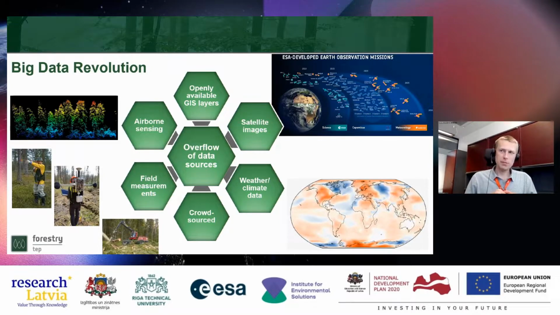We have an increasing amount of field measurements, which are not always measured in the traditional way by hand, but may also be coming from various sensors on the ground. We have crowdsourced data, weather and climate data, and different types of geographical data sets. So the amount of data is overwhelming nowadays.